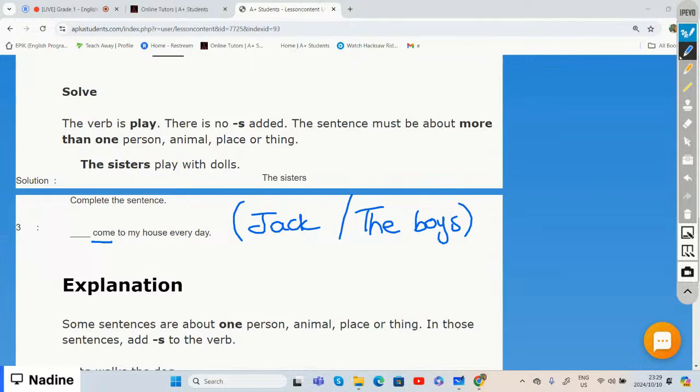So do we say Jack come to my house every day? Or do we say the boys come to my house every day? Which one is correct?